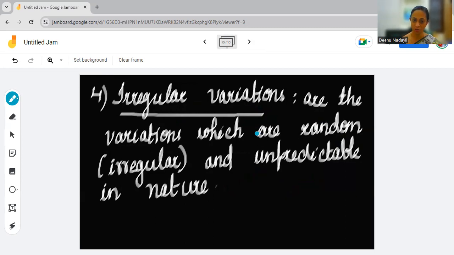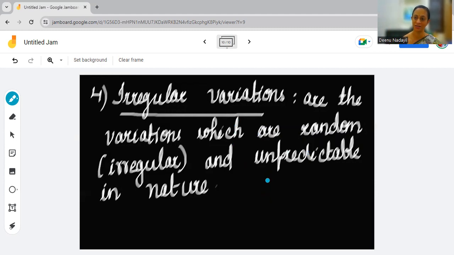These are irregular, which are unpredictable. We cannot predict it. For example, the variations which occur due to accidental factors like floods, we cannot predict it, right? Floods, then famines, wars, earthquakes, strikes, etc. All this we are unable to predict. So these are called irregular variations. Then sudden increase in death rate due to tsunami is an irregular variation.